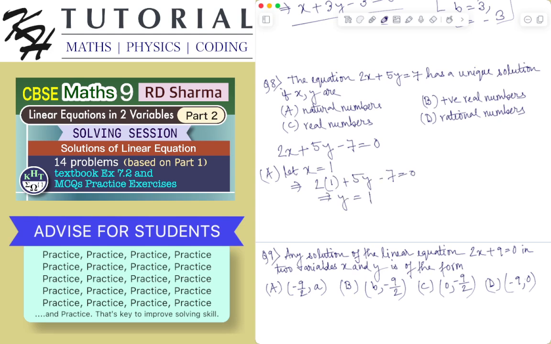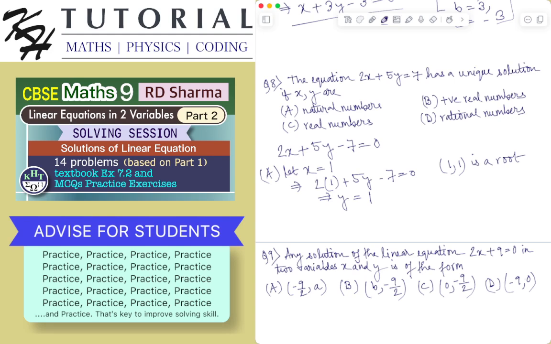So y is also a natural number. So we get a root (1, 1). (1, 1) is a root where we are considering all of the values of x and y as natural numbers, and we are investigating what would be a root of the given equation when the values of x and y we are considering are natural numbers.